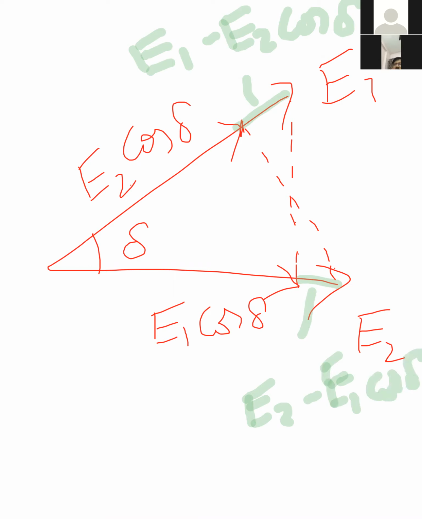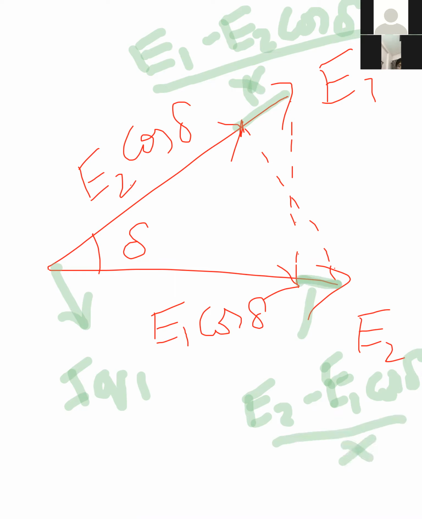Divided by Jx, the phasor lags by 90 degrees and gives rise to a quadrature current, that is IQ1, given by E1 minus E2 cos delta by X. Similarly, E2 minus E1 cos delta divided by Jx gives rise to a current in this direction, that is IQ2. So IQ2 is equal to E2 minus E1 cos delta by X. That is the quadrature component.